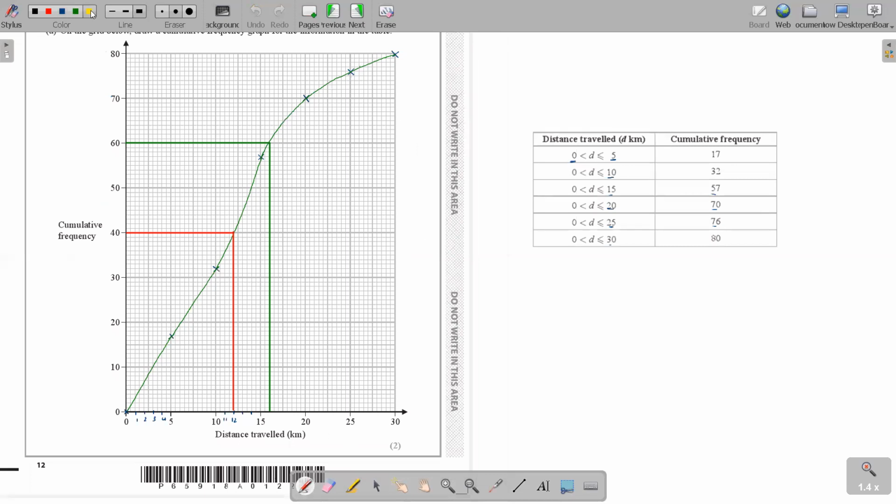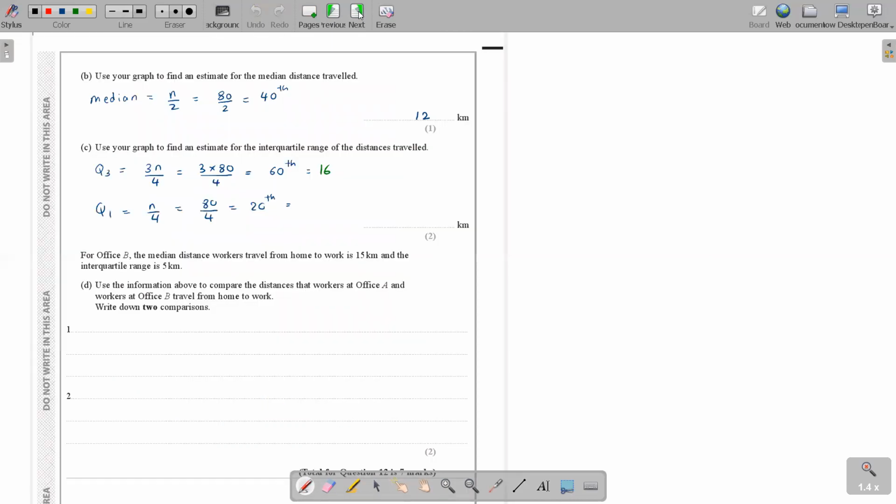If I get the 20th position from my graph, I get a value close to 6. So it's 6. And so the interquartile range is Q3 minus Q1.